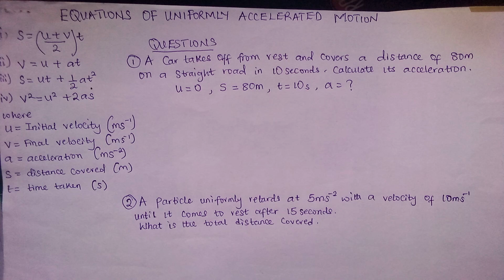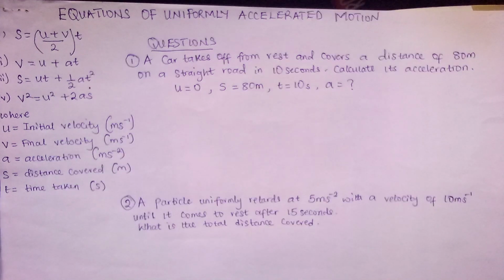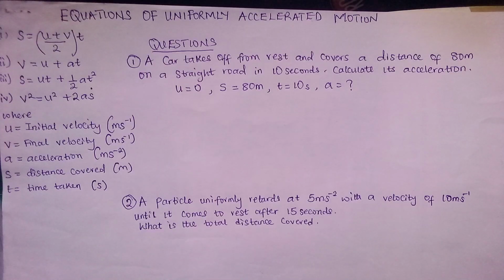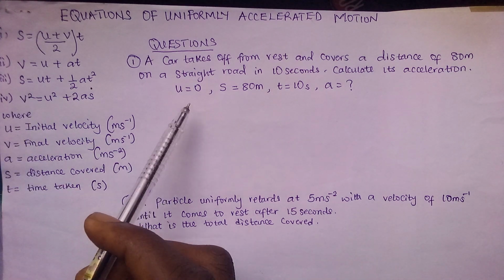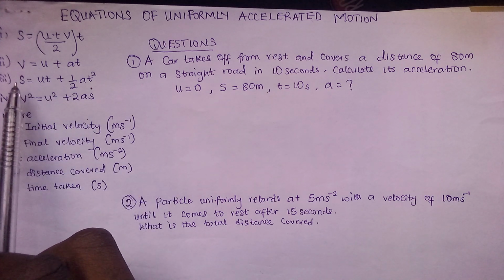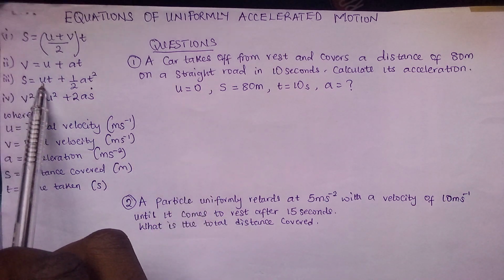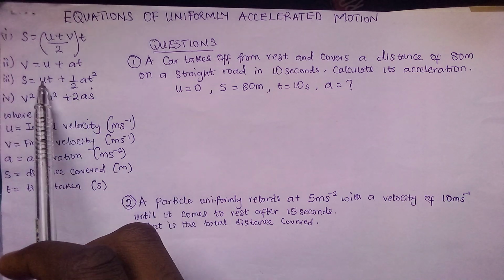So what we need to do now is to look at the four equations of motion and to identify the most suited equation to solve this problem, the best fit equation. And how do we do that? You can see from thorough review that from this third equation, we have our s for distance, we have our u for initial velocity, we have our a for acceleration, and t for time.